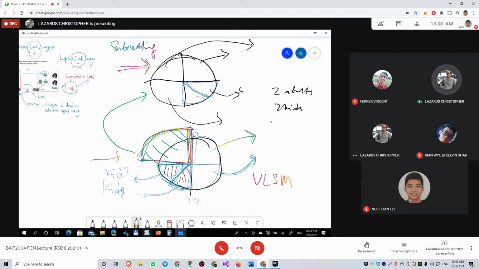But maybe this one is a big kid, and here we've got small kids. Even smaller kids require smaller cake. Maybe 4 here, 4 small kids. So one big kid can get this bigger piece, and then here we can subnet again into 4 smaller pieces.